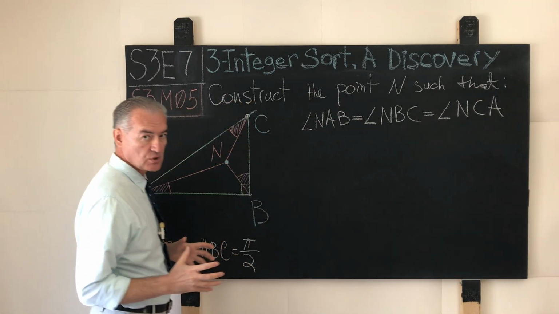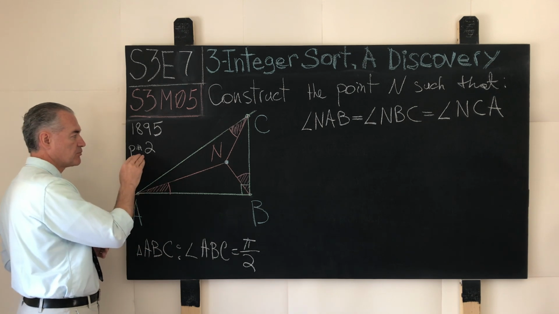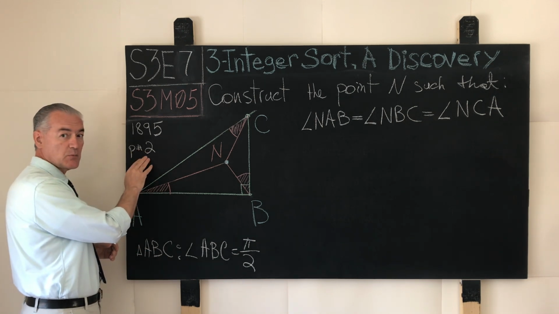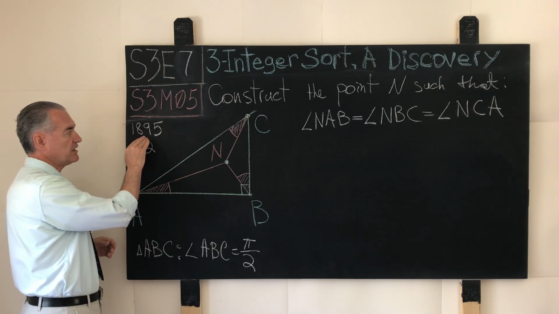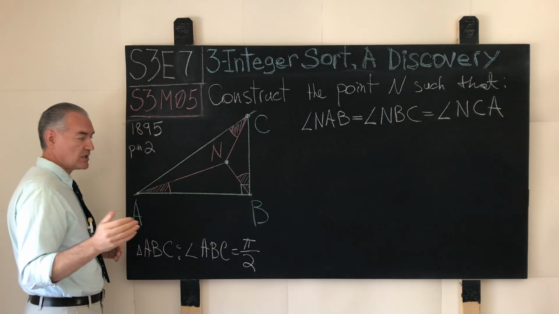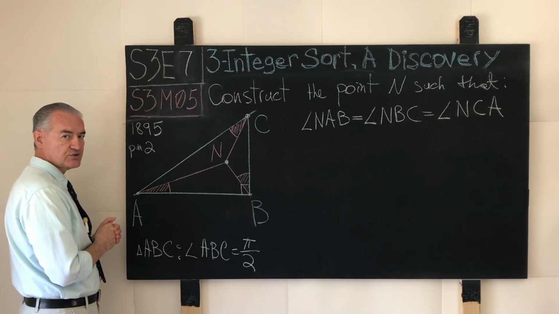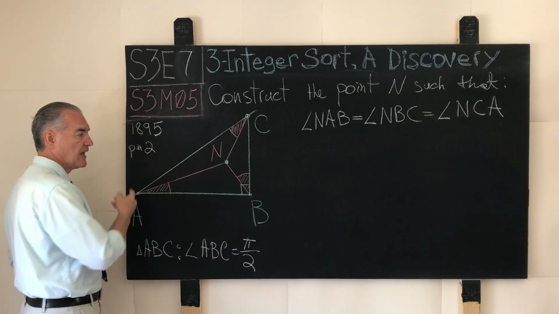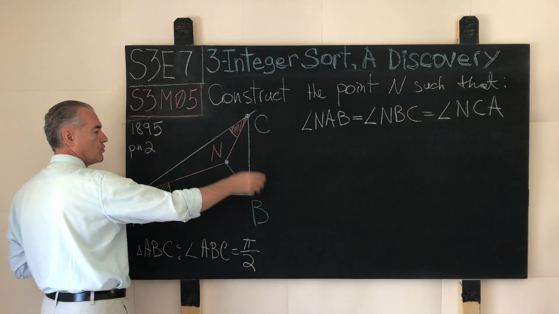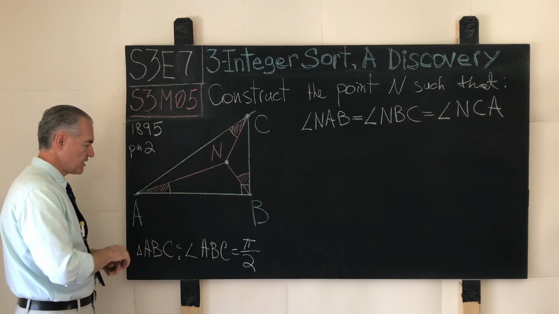Again, just to make sure that we're all on the same page. This is problem number 2, given at the bottom of page number 9 of the Hungarian competition of 1895, in the book that I just showed you guys. And the names of the vertices of the right triangle in this case are given over here in the counterclockwise, or as we say in complex analysis, in the positive direction.